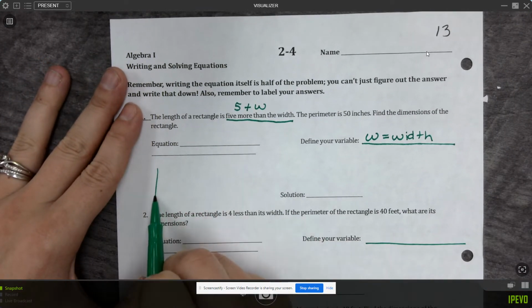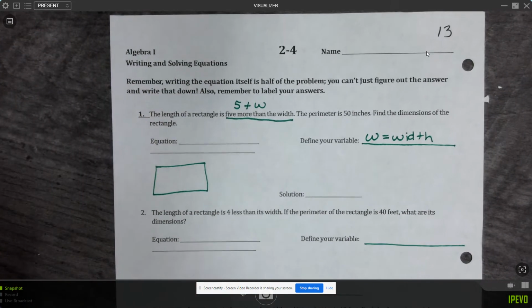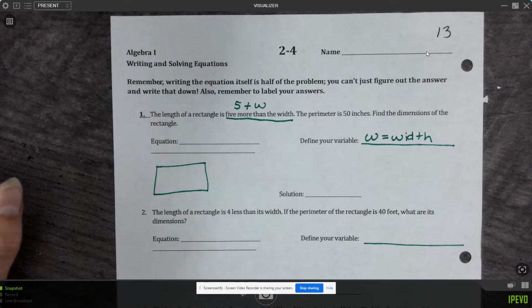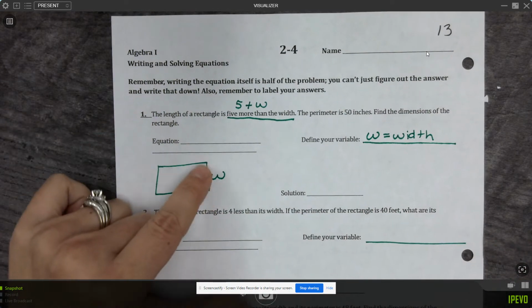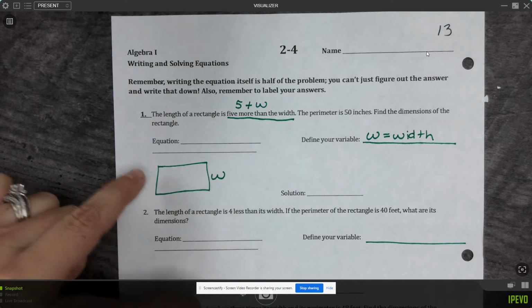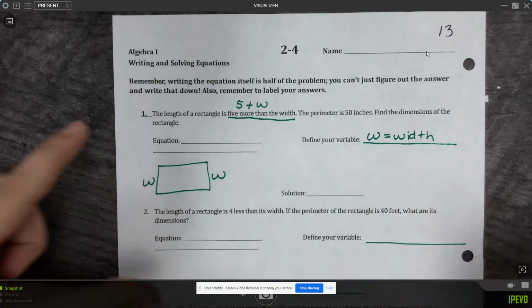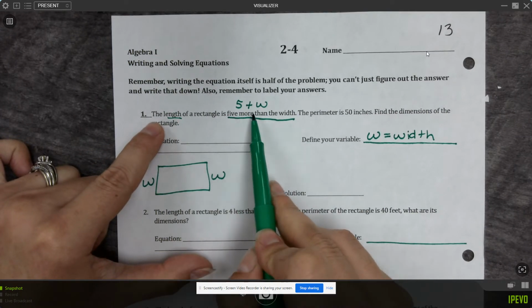So I'm going to draw a picture of a rectangle here. And it does not matter which one you consider the length and which one you consider the width. All right, so I'm going to call this the width. This is our width here. And how a rectangle works, that means this also is your width. So this is also W. Now, the length, it says, is 5 more than the width.